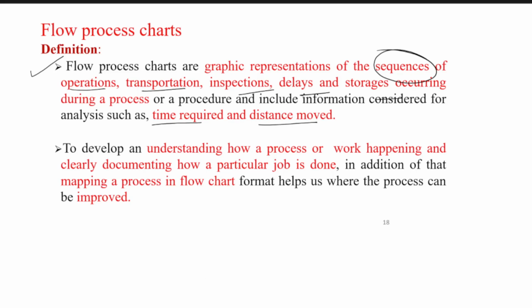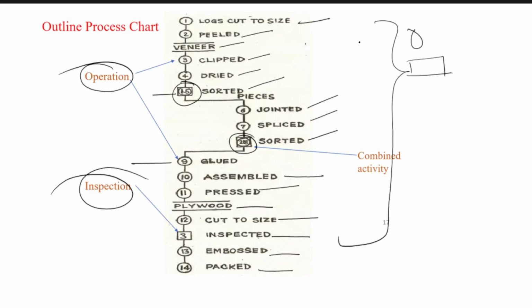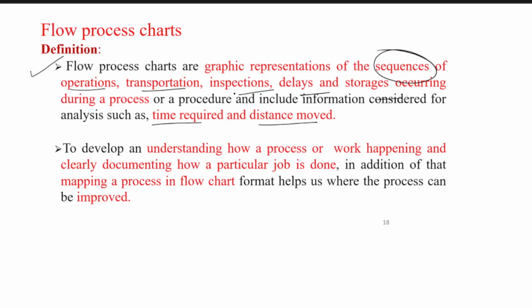So this is different from the outline process chart. In the outline process chart, you might have seen, students, only the activities being performed are mentioned. Apart from that, nothing is given. So in case of the flow process chart, two things are added. First is the time required and the distance moved.